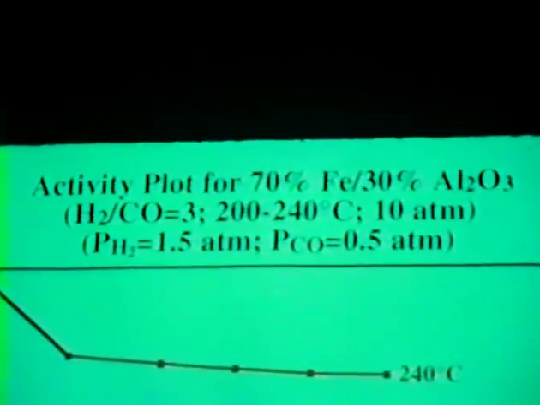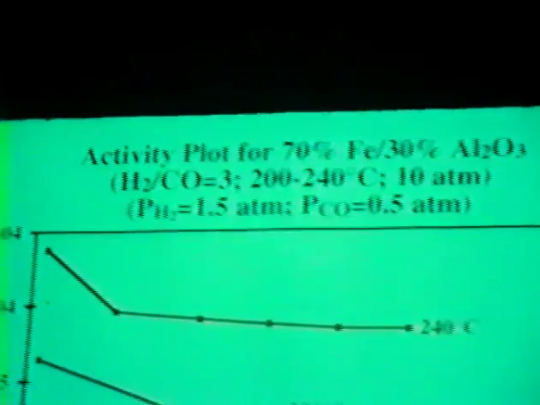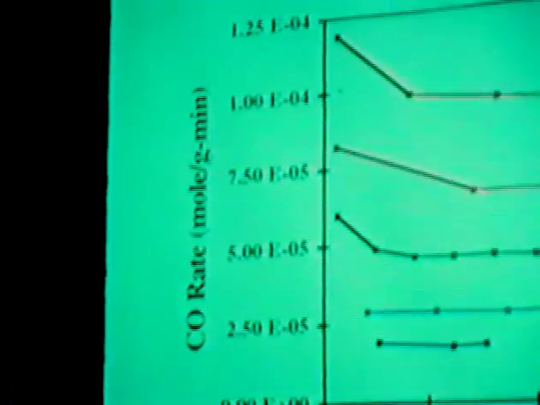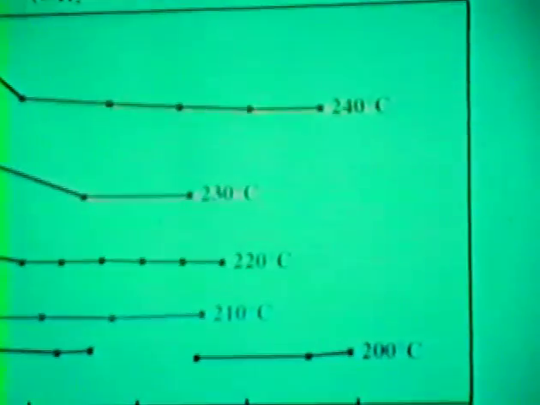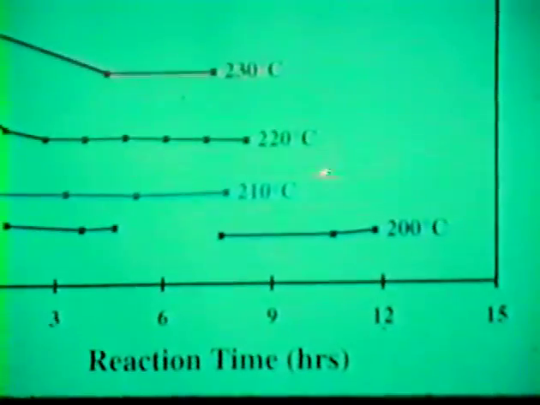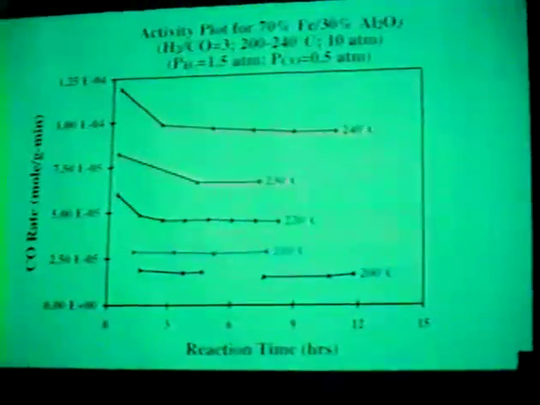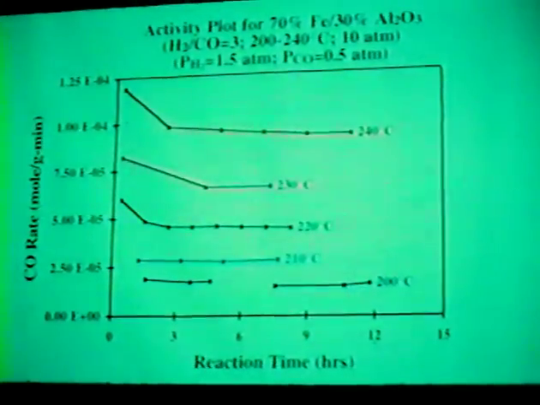The CO consumption rate in terms of total hydrocarbons produced and carbon dioxide produced are shown as functions of temperature and in terms of the reaction time for a given set of conditions. And you can see that as the temperature is increased, the rates on a weight basis also increase.